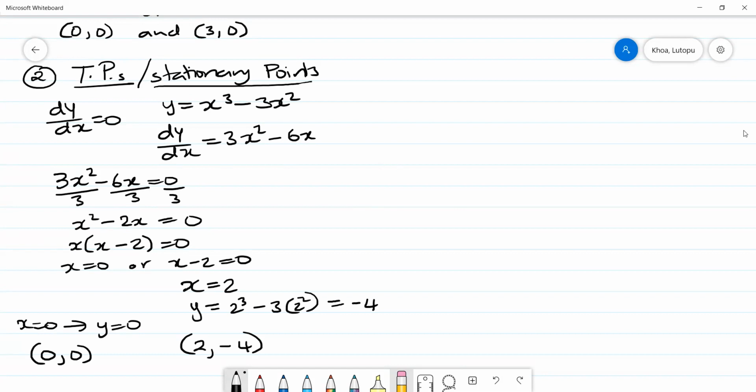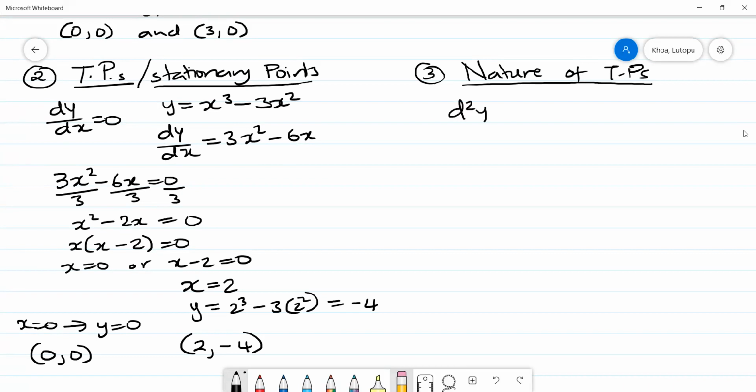Now, step number 3, you have to determine the nature of the turning points. The nature means you say it's either a maximum, minimum, or a point of inflection. To check that, you find the second derivative.